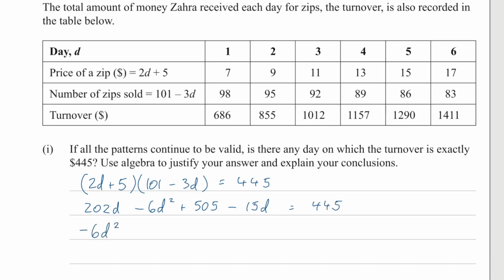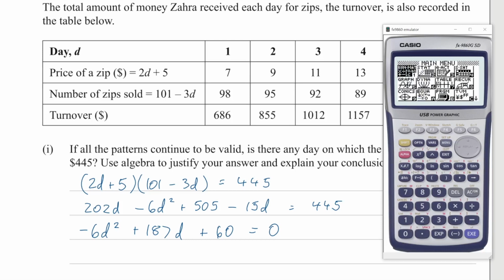So minus 6D squared plus 187D, then subtract 445 on both sides, gives us plus 60 equals 0. So we have a quadratic equation. We can solve for D, the day, and in this case I'm just going to use my calculator.